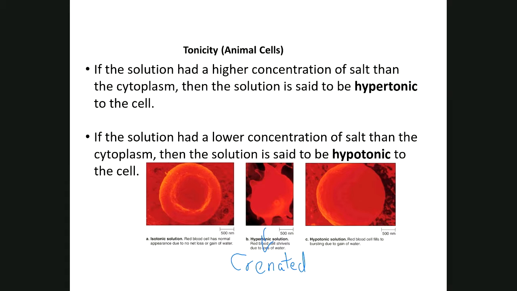It's crenated, shriveled up, because if you place that cell that has 0.9% salt within it into a solution that has, for example, 10% salt, now 0.9 compared to 10, right? That's an order of magnitude more salt than inside the cell. And we said before, salt is not a molecule that can transport itself across the plasma membrane easily, because salt ionizes.